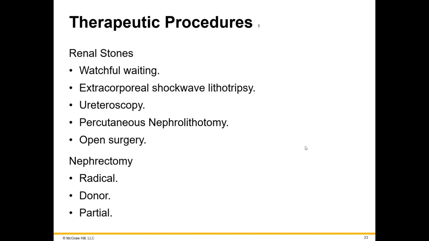Now there's different types. So there's a radical, like radical dude. No, not quite. Radical is like we removing it. Donor, so if we needed to remove it from somebody who's healthy, who's donating it to someone else, this would be your donor nephrectomy. And then partial would just be if we were removing, like it sounds, a part of the kidney. So we good on that? Sweet.